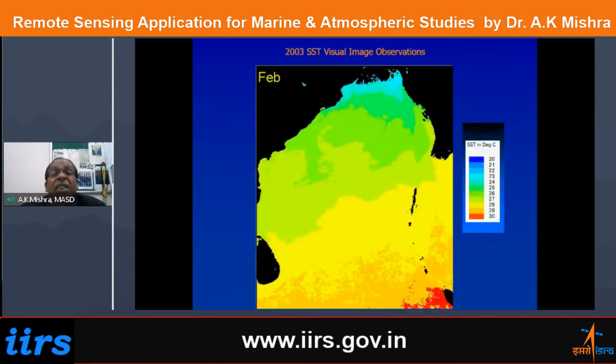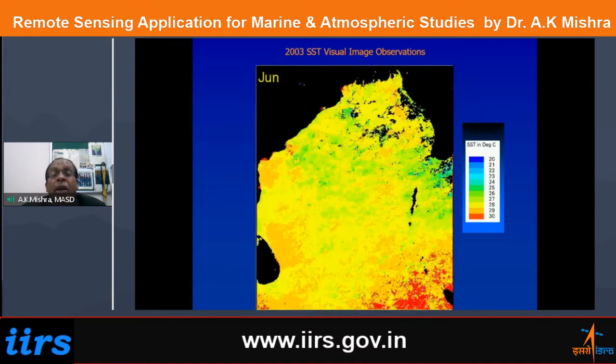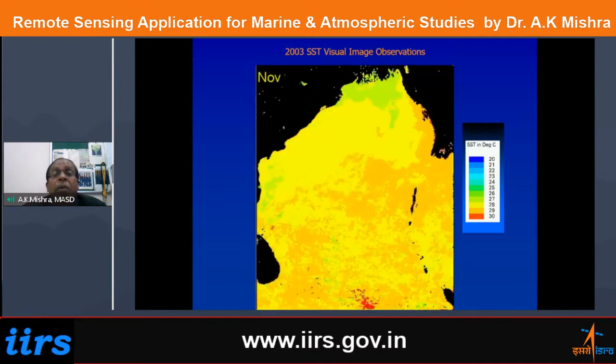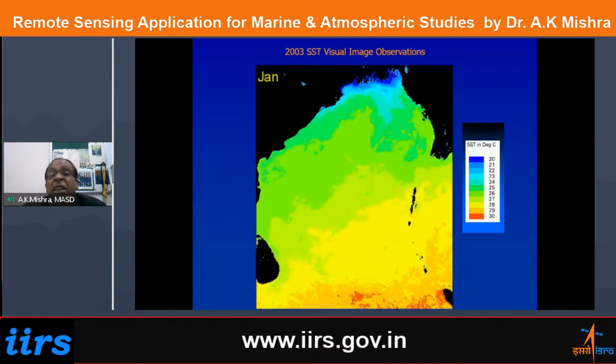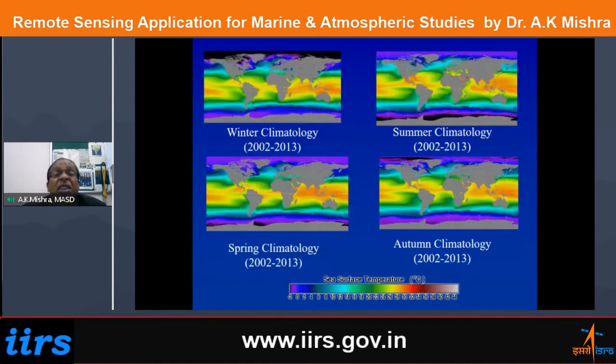And this is the MODIS sea surface temperature data over the Bay of Bengal, how it is varying from January to December. It is generated from the MODIS satellite data. And this is the climatology of sea surface temperature: winter climatology, summer climatology, and spring and autumn.